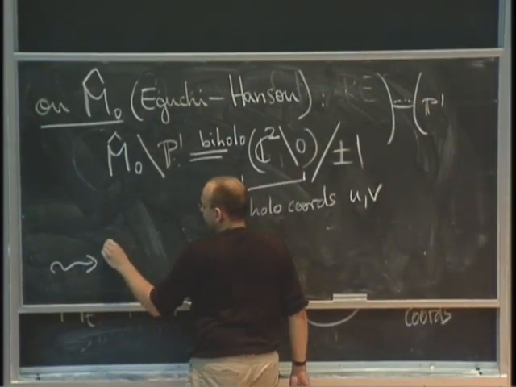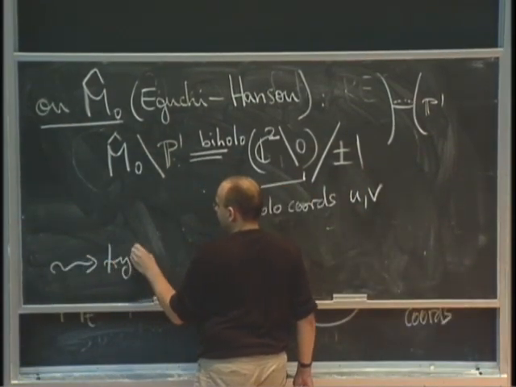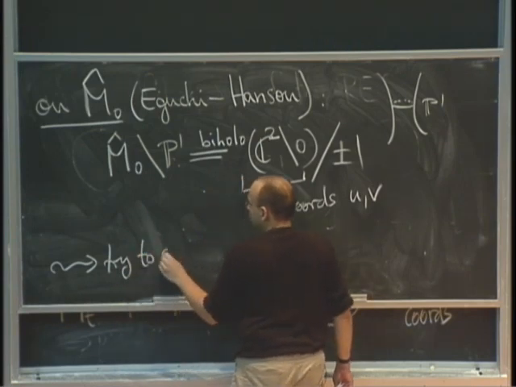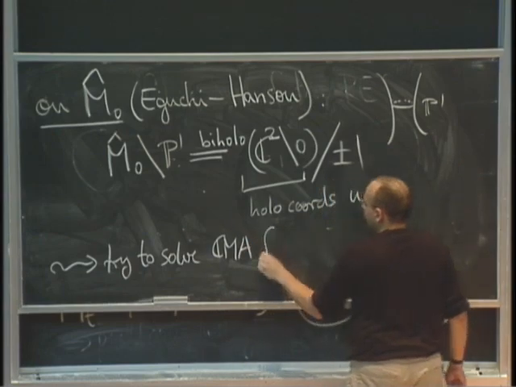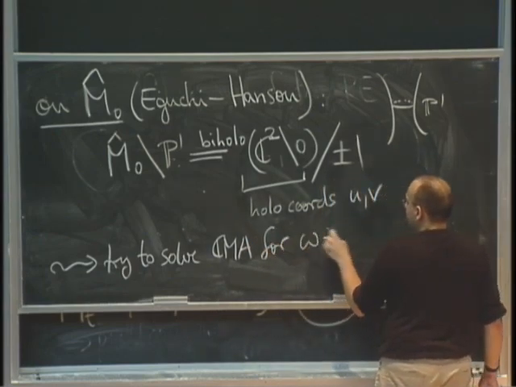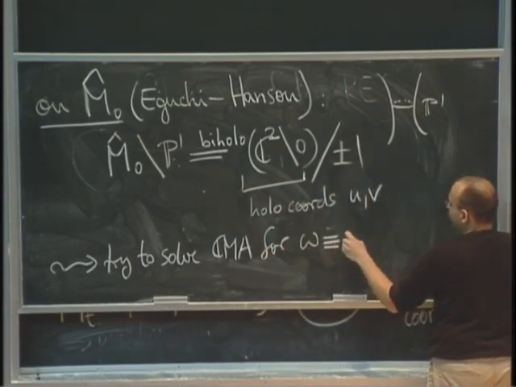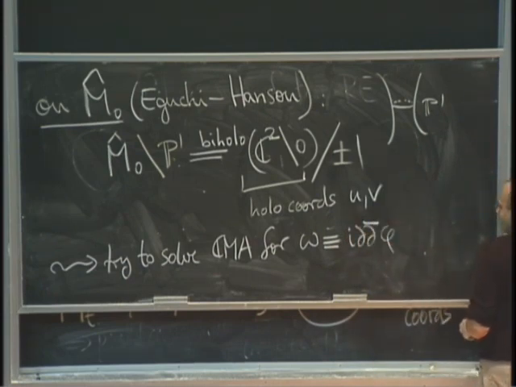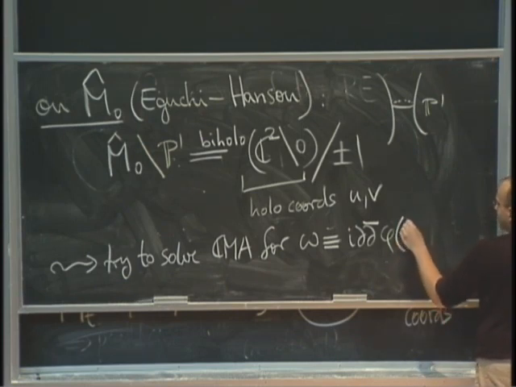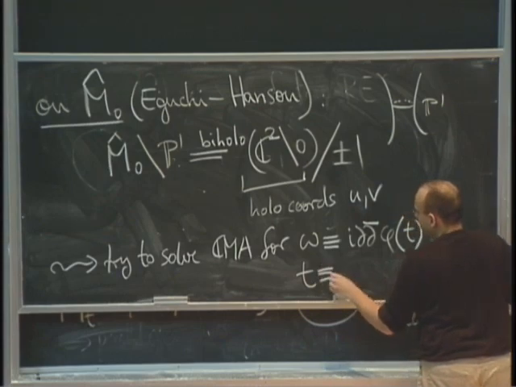So what I'm going to try to do is solve a complex Monge-Ampere equation for a radially symmetric metric omega of the form i partial partial-bar phi of t, where t is now just the Euclidean radius squared.